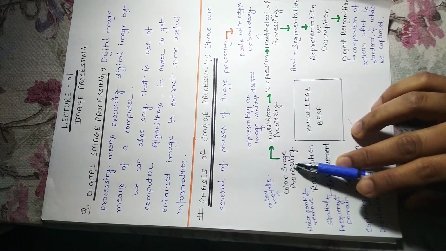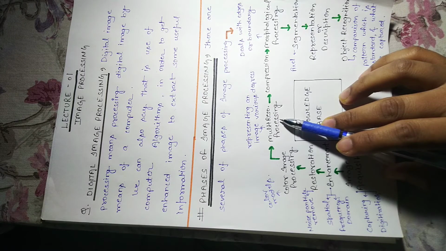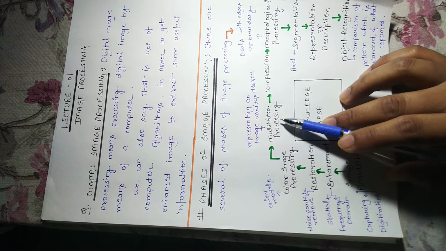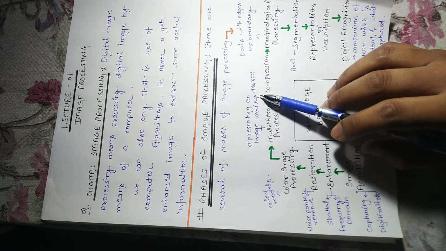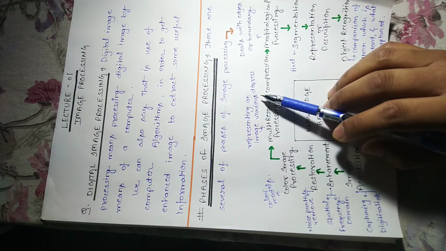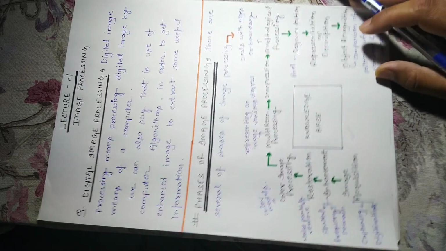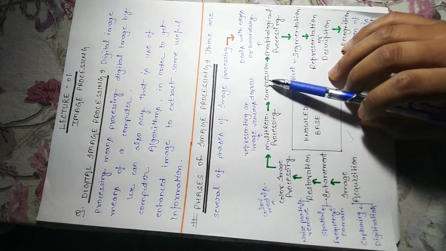After color image processing, the next step is multi-resolution processing. Multi-resolution processing is a way of representing an image in its various degrees. The next step is compression.